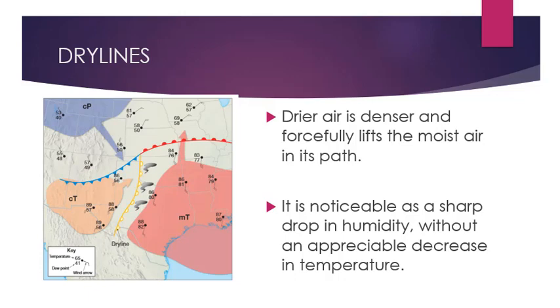That's why dry air is denser and forcefully lifts the moist air in its path. It's just like warm and cold air. Warm air rises, cold air sinks. But this time we have drier air sinking, but moist air rises. Dry lines happen in areas where there is a sharp drop in humidity.